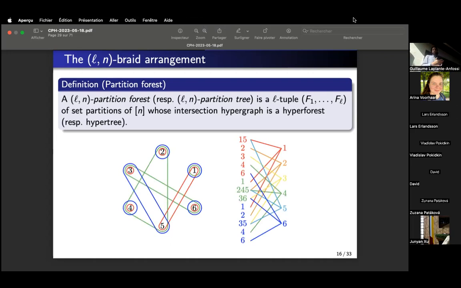And the Ln partition forests, you take all these tuples of set partitions such that the intersection hypergraph is a hyperforest.